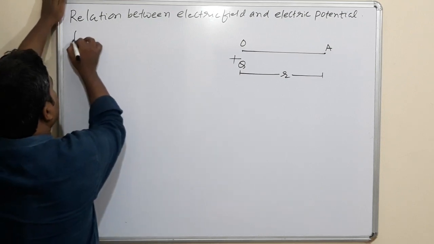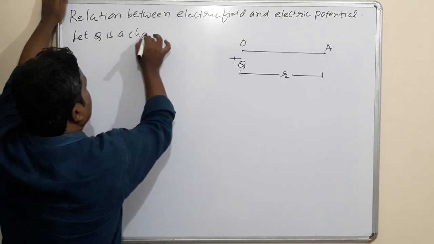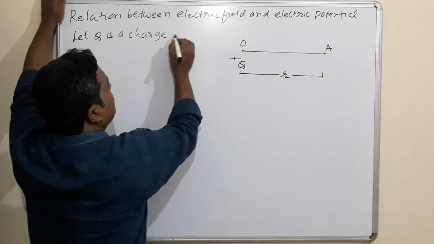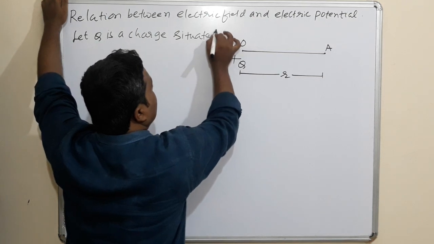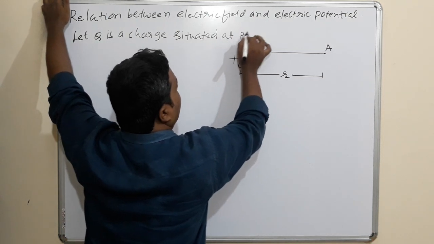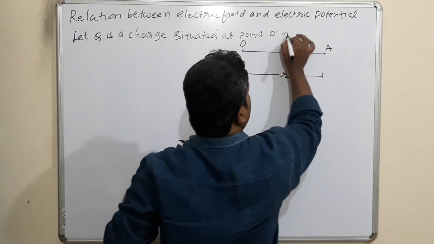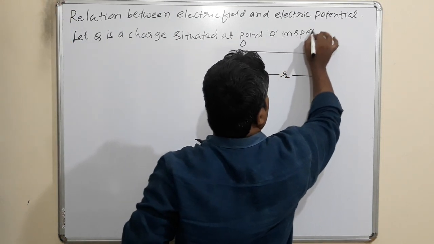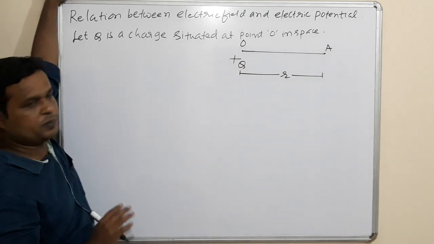Let Q be a positive charge placed at point O in space. Okay, it is situated at point O in the space.